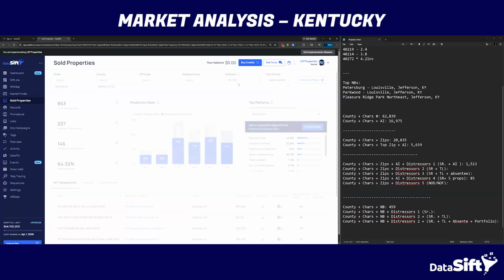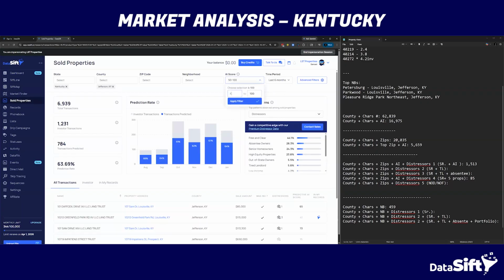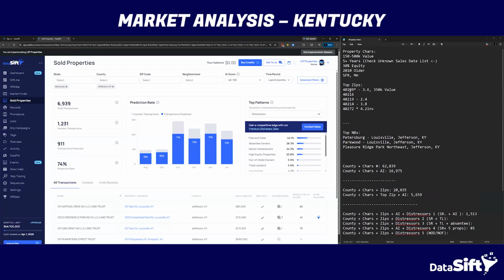In his case, that area's got a very high AI score conversion rate, but it could even be a lot better potentially based on these top zip codes. But let's just see. So I'm filtering by Kentucky, Jefferson, and I have 40 to 100 AI score. If you're not an AI user, I don't want you to think that this section doesn't matter to me because he's talking about AI scores.